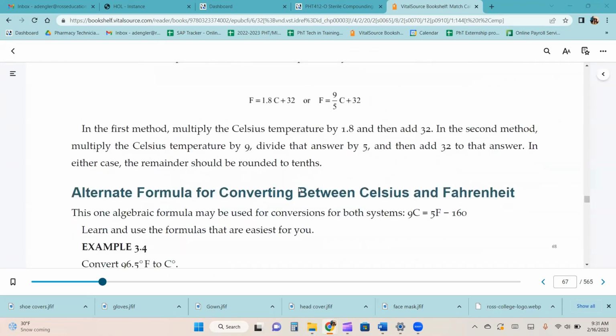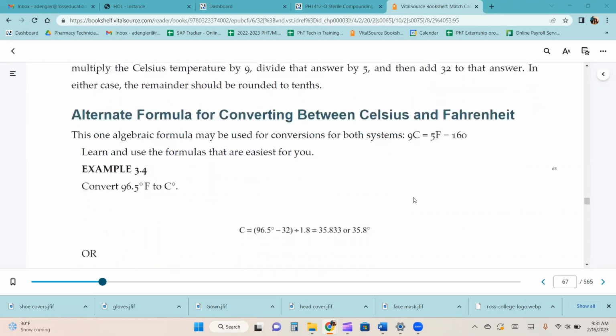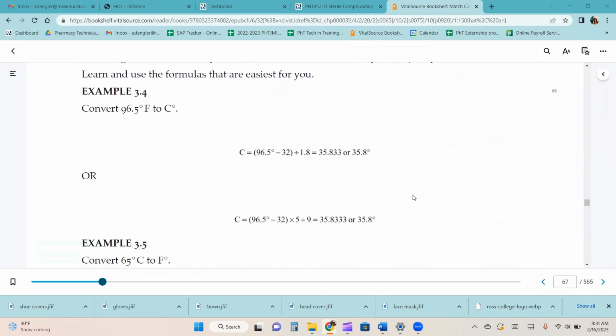So in the first method, we multiply the Celsius temperature by 1.8 and then add 32. There is an alternative formula that they use in algebra. I'm not going to use that, but if you want to and know how to, definitely go ahead and do it.